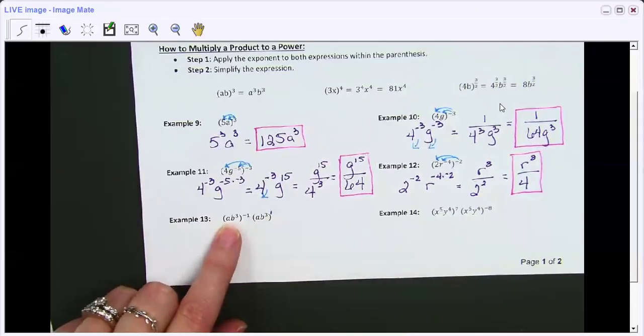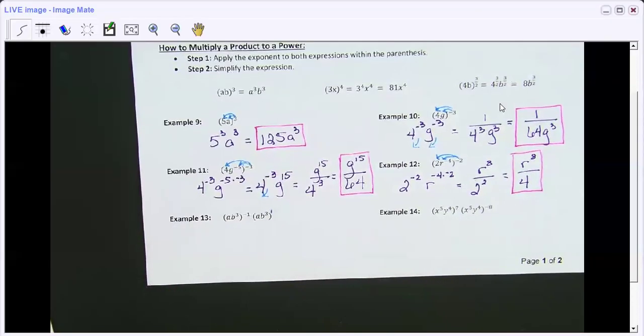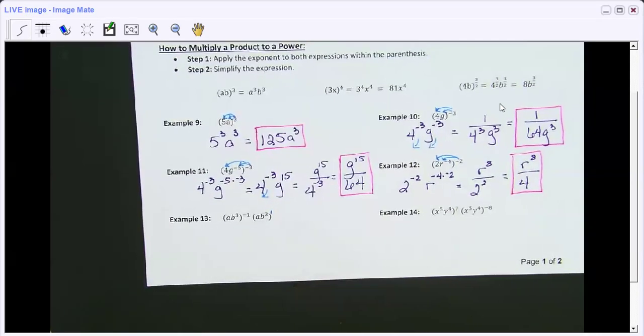Does anyone know what the first step is in this problem that we might do? All right, yeah. Exponent. What would you do with the exponent? Wait, that's 0, never mind. You mean like -1 plus 1?